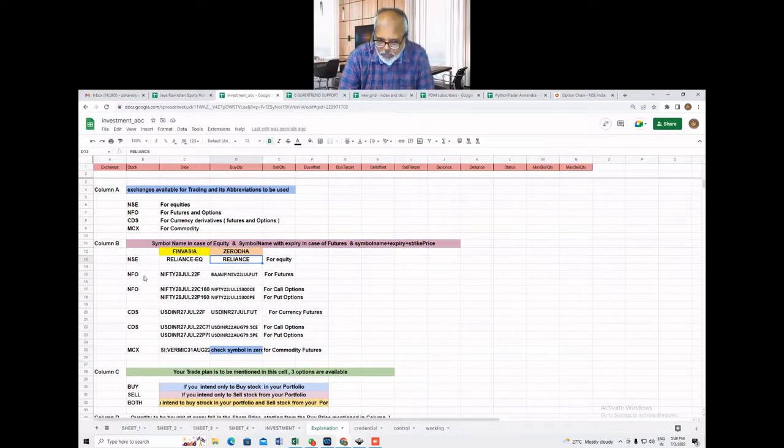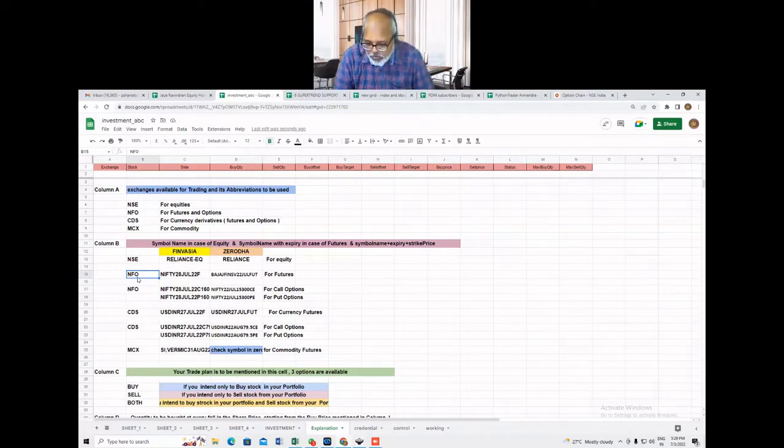Suppose you're trading in F&O, you have to write Nifty, the expiry date 28 July 22, and then write F in case of Finvasia. Whereas if you're trading in Zerodha, you have to write Bajaj Finserv, which is the symbol, then 22 is the year, July is the month, and then you have to write FUT. Similarly, if you're trading in NFO options, in case of Nifty you write Nifty 28 July 22.